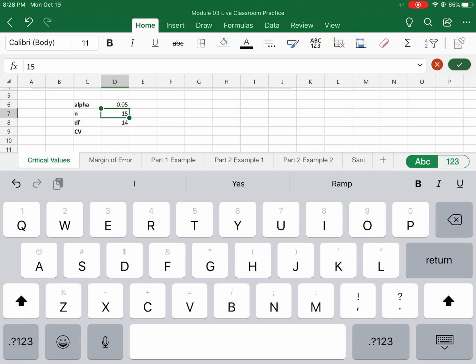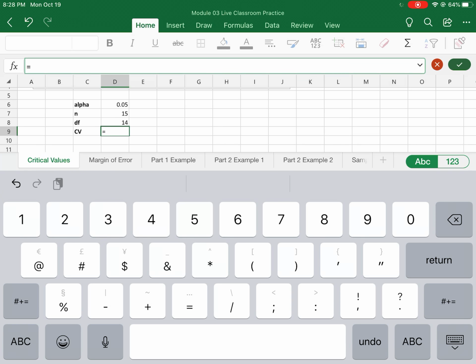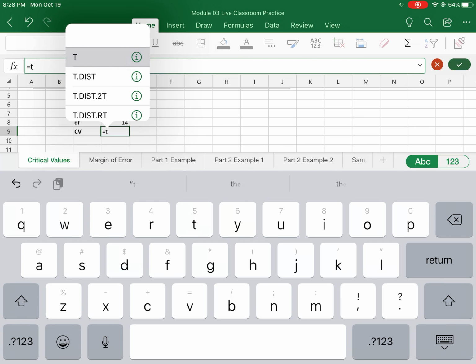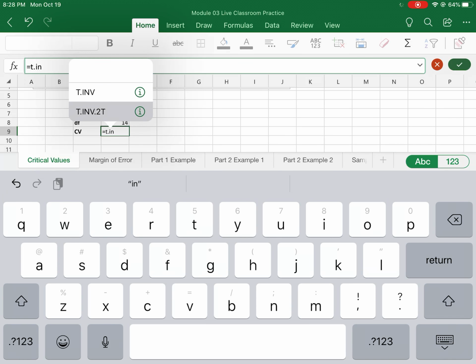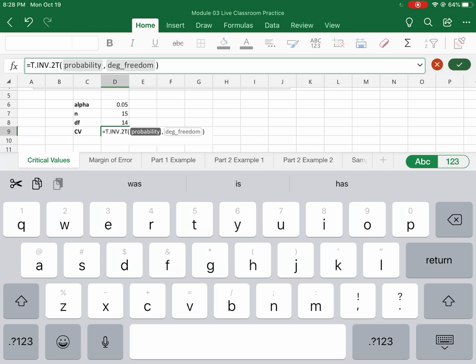So now we have alpha, and now I'm going to go ahead and calculate that critical value. Okay, so again, I'm using that equation that I gave on slide 13. So equals T inverse, and then I'm going to click this one right here. So my probability, that's that alpha. So I'm just going to go ahead and grab my alpha, and then your degrees of freedom.